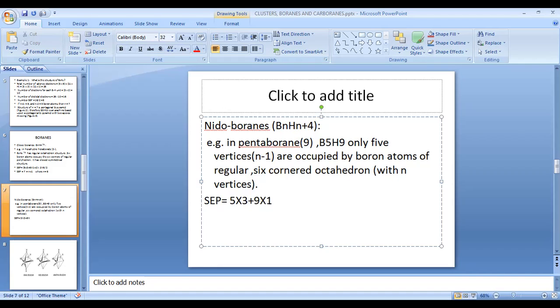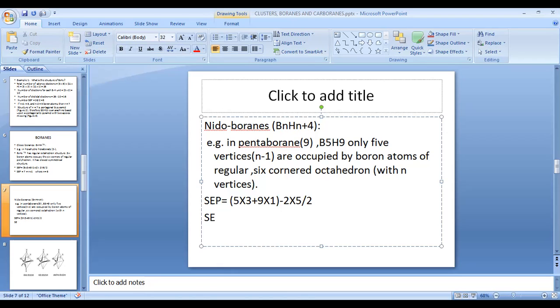This time we don't have any charge, so that whole thing should be subtracted: minus 2 into the number of BH bonds, which is obviously 5, divided by 2. That gives the formula of SEP.